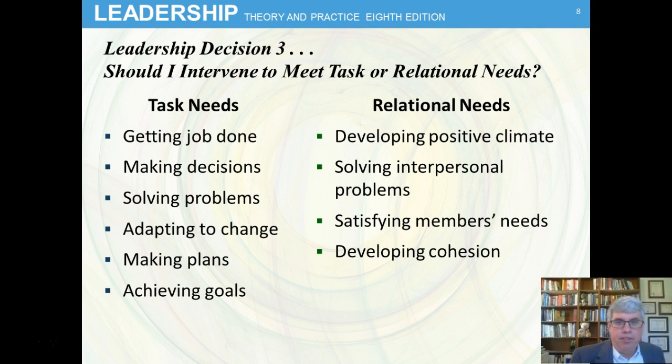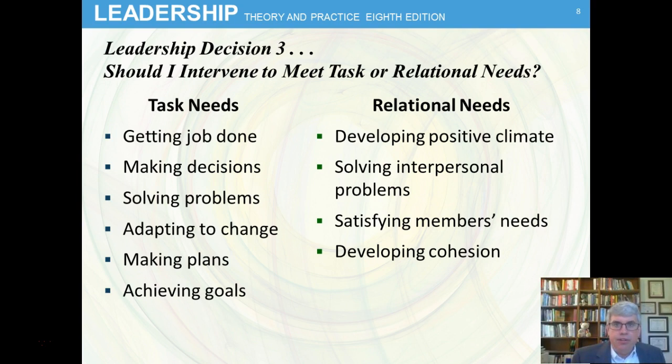Leadership decision number 3 is, do I need to intervene to meet task or relational needs? Now, this is a theme that we've seen all throughout this book, that there's task behaviors, there's task focused styles, there's relationship focused behaviors. In fact, I think chapter 4 was on the behavioral approach to leadership, and it focused on leadership that is task behavior oriented or relationship behavior oriented.